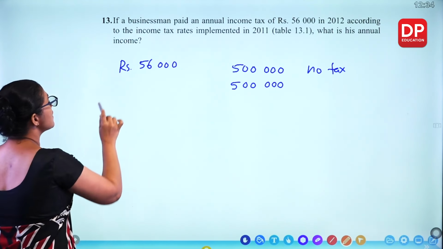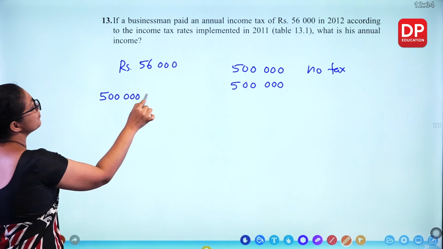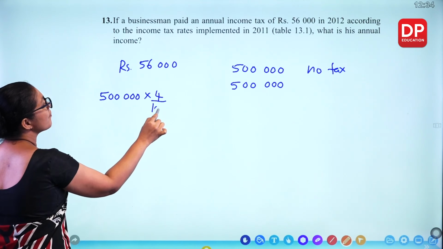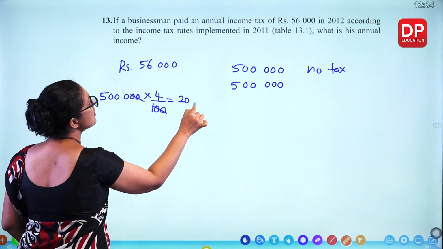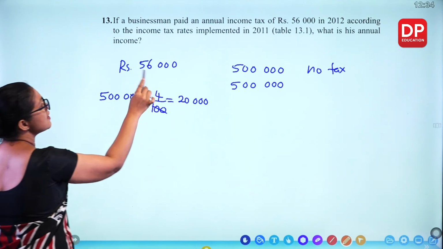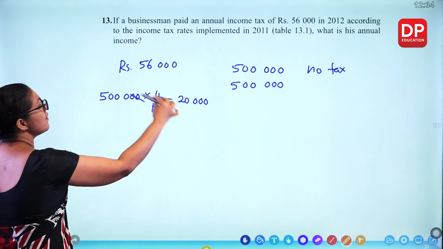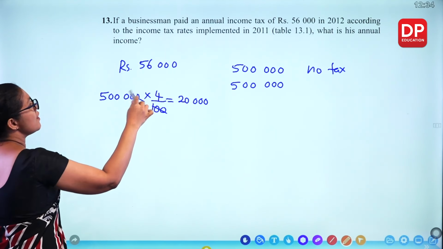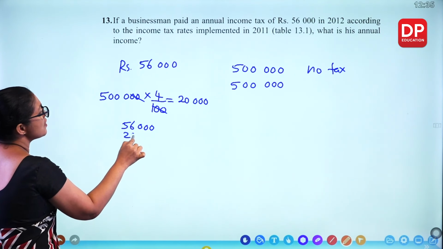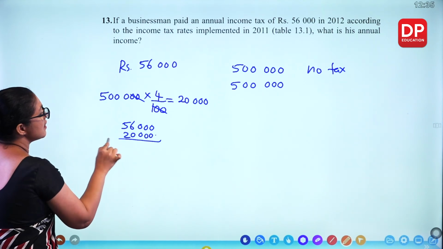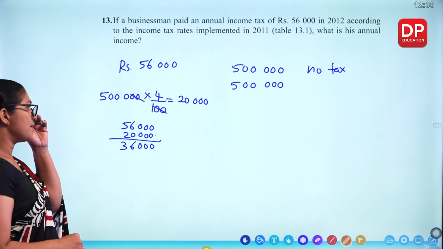So we'll see what's 4% of 500,000. We are getting 20,000. But still, this is more than that. Then when you subtract 20,000 from that, what you get? This is 36,000 again.